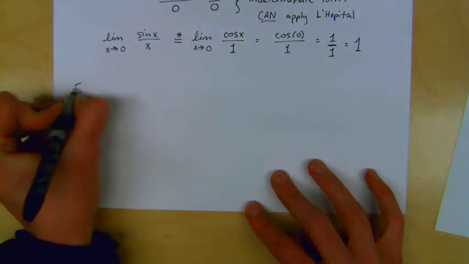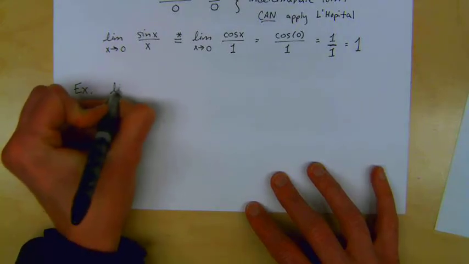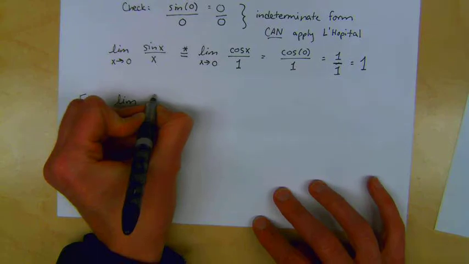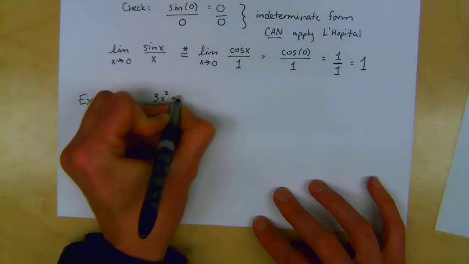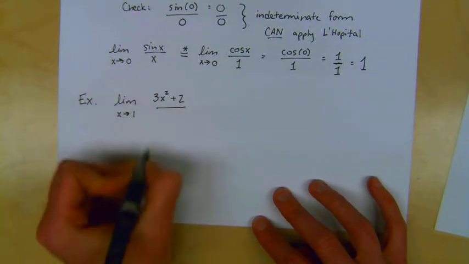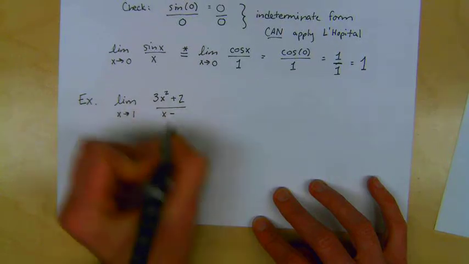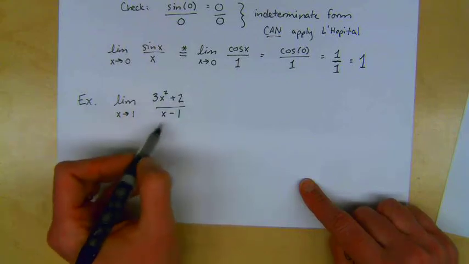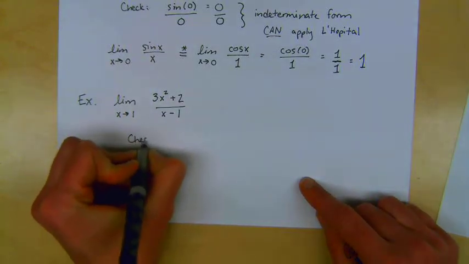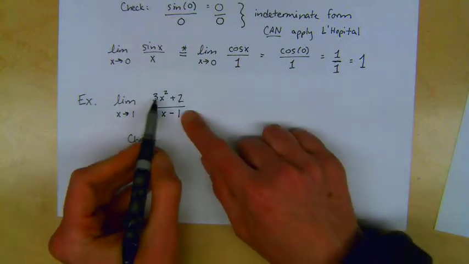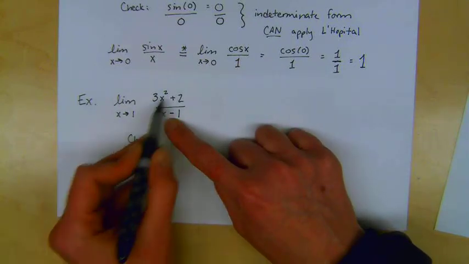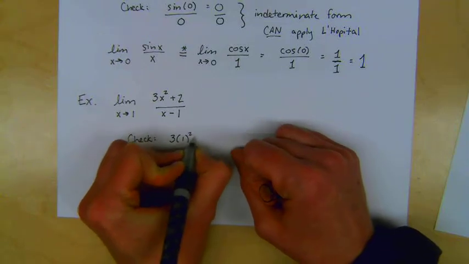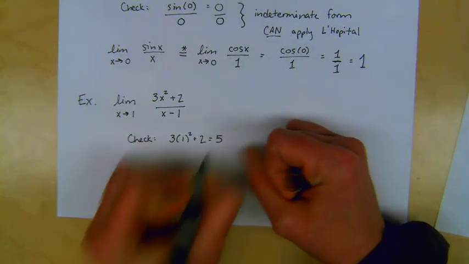Another example would be, let's evaluate the limit as x goes to 1 of 3x squared plus 2 all over x minus 1. So notice that in this case, when I check this, I see that plugging in x equals 1 in the numerator, I get 3 times 1 squared plus 2, which is equal to 5 in the numerator.